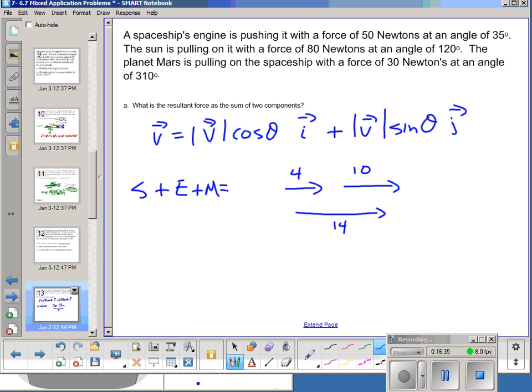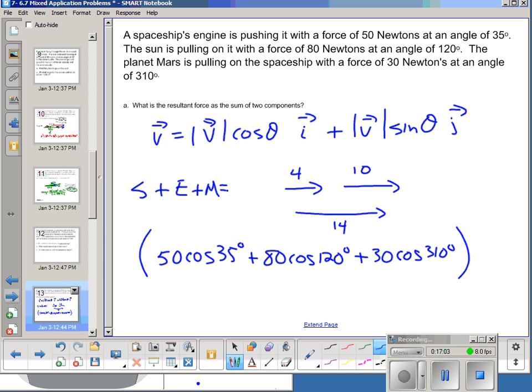So let's take a look at this. The part that comes from the engine is going to be 50 cosine of 35 degrees. And I'm going to add that to the part coming from the sun, 80 cosine of 120 degrees. And I'm going to add that to the part coming from Mars, which is 30 cosine of 310 degrees.